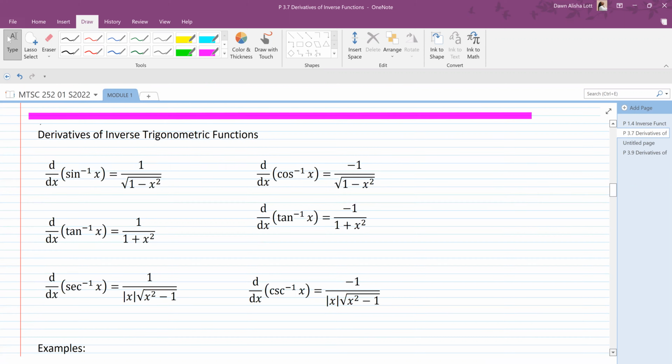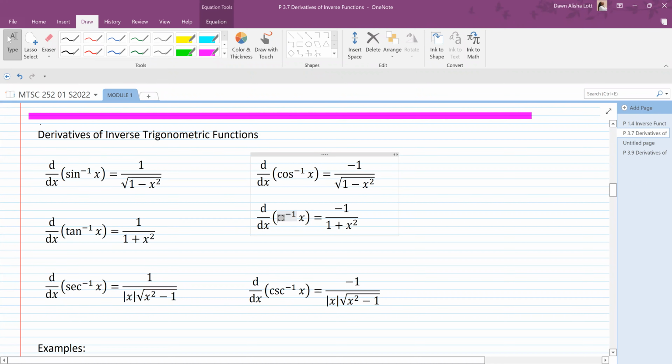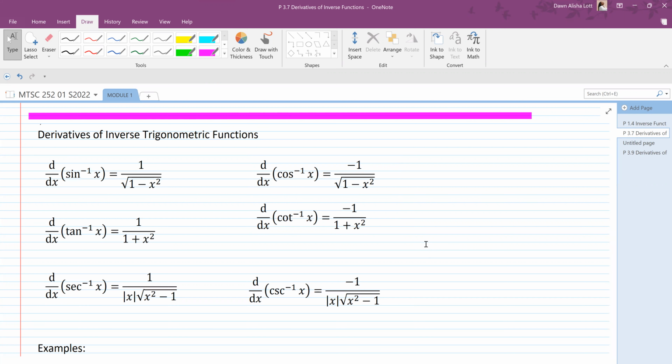So you learned in the last section that you can take the sine of a variable, and then its inverse function is the sine inverse, or some people call it arc sine, arc tan, arc secant, arc cosine, arc cotangent, and then cosecant. That is correct now. Okay, so these are the derivatives.